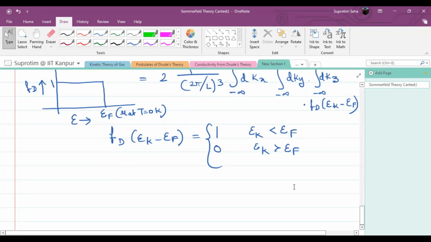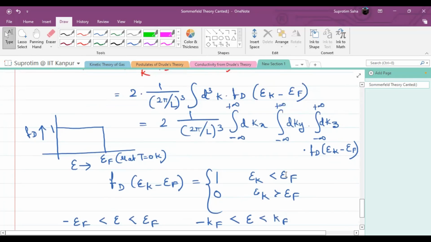So the restriction on the energy, in terms of the wave vector kf, means your integration will not be from minus infinity to plus infinity, but from minus kf to plus kf.